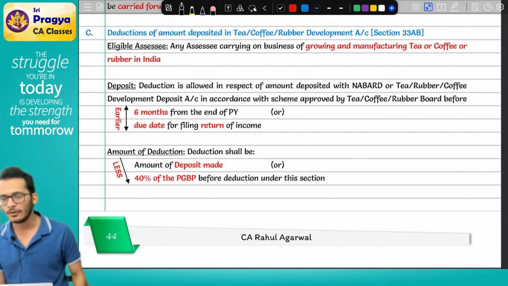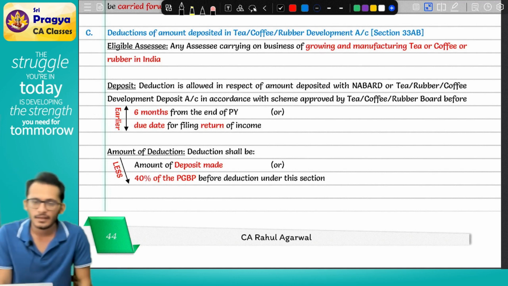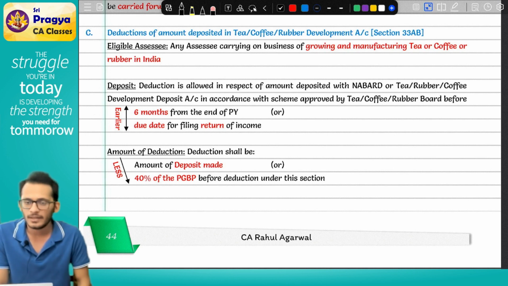Going to the next one. The next one is called deductions of amount deposited in tea, coffee or rubber development account.